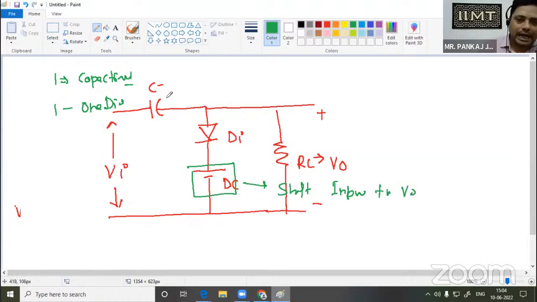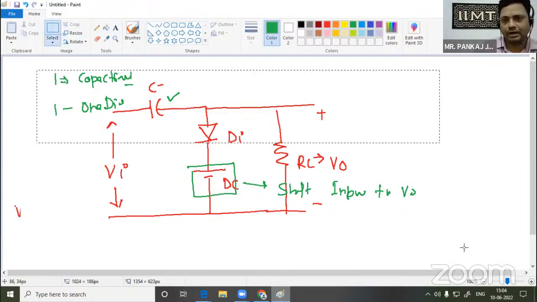By identifying the capacitor, diode and DC battery, we can say this question belongs to the category of clamper circuits. There is a fixed rule to solve this circuit, and we are going to discuss that methodology.